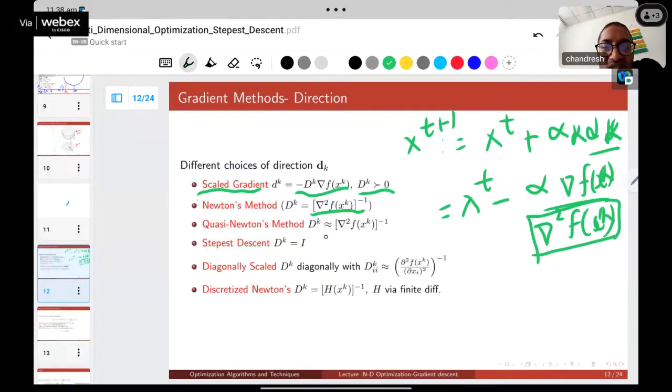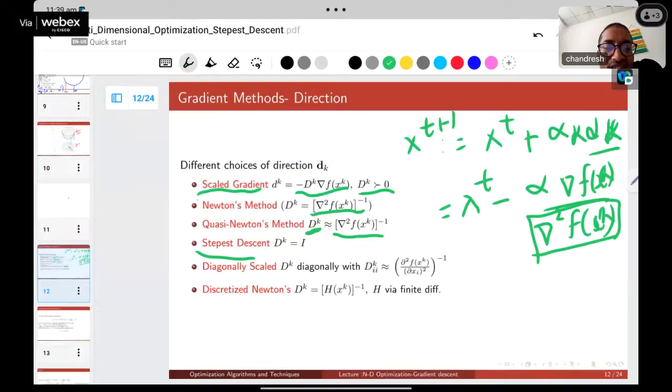In the quasi-Newton method, we approximate this Hessian matrix. There, d_k is an approximate value of the Hessian inverse. In steepest descent or gradient descent, we set the Hessian to identity, because in gradient descent we don't use the Hessian, we use only the gradient.